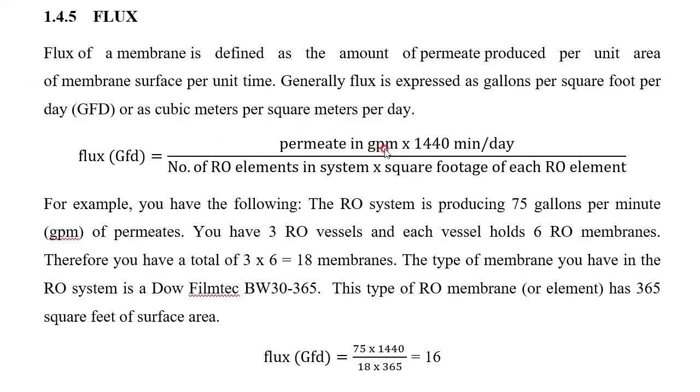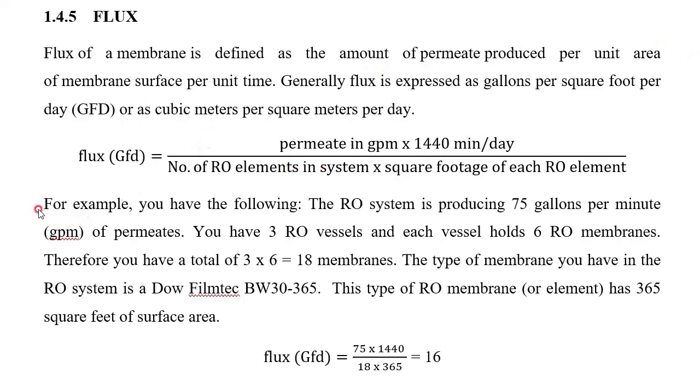GPM is gallons per minute. The amount of permeate we are getting in gallons per minute into 1440 minutes per day. This 1440 comes from 24 hours into 60 minutes per hour. So in one day we have 1440 minutes, divided by the area of the membrane surface.